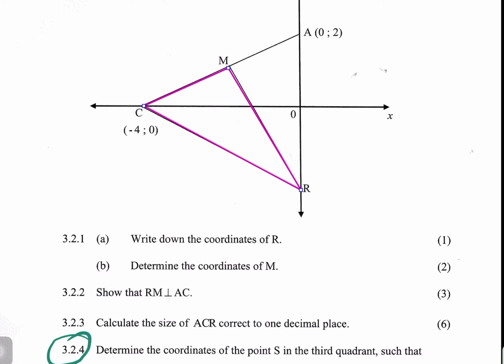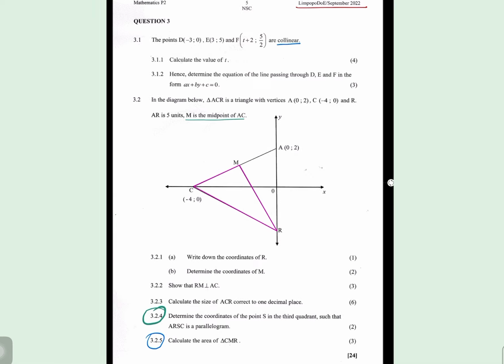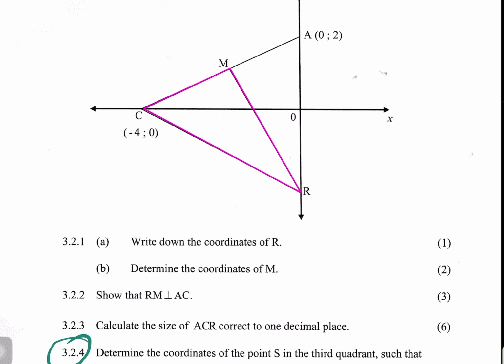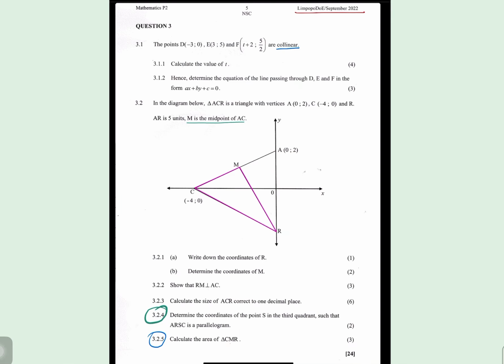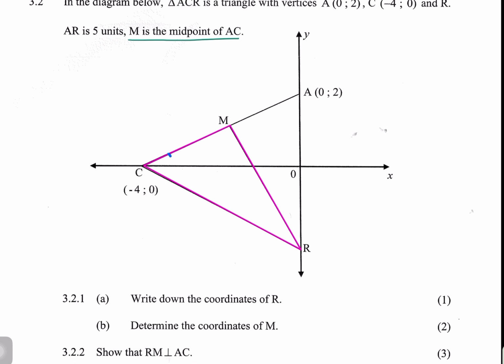This triangle is not a right-angled triangle, but we know the angle C. Angle C, we found to be 63.43 degrees. We know the size of CR, which was 5 units as well.